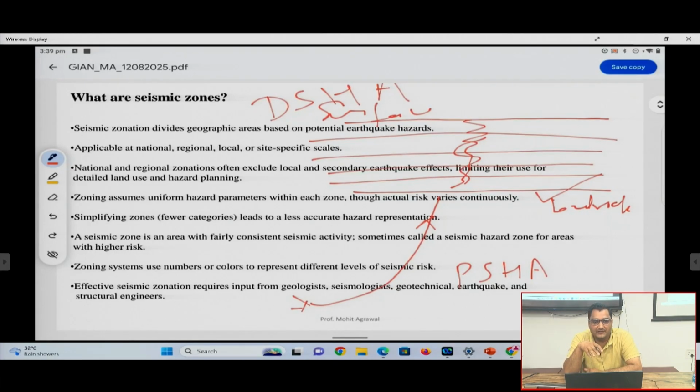The seismicity map is just where you mark the epicenters of the earthquakes within a particular period on a map. So it just represents the clustering of earthquake epicenters. It is not the zoning. In the zoning map, you are trying to identify the regions with potential hazardous value of the earthquake using peak ground acceleration, peak ground velocity, or maybe peak ground displacement.